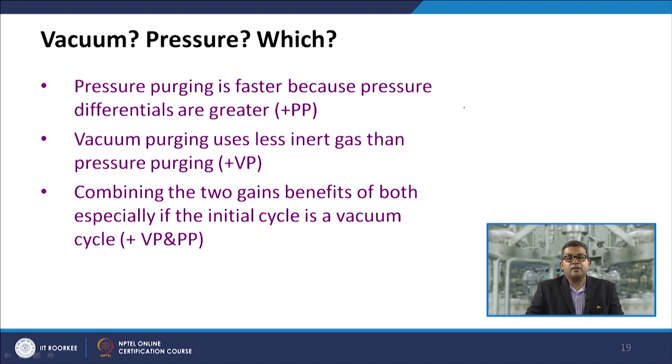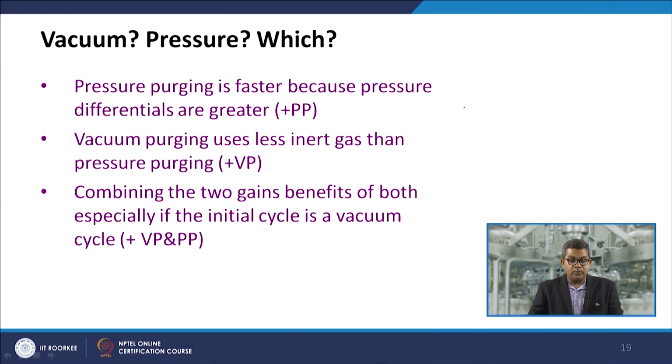So, if you are not considering the cost of inert gas, then you can definitely go ahead with pressure purging, and if it is a consideration, then you may think of the option of vacuum purging. A combination of these two gains the benefits of both, especially if the initial cycle is a vacuum cycle, so that you can utilize the pressure differential.